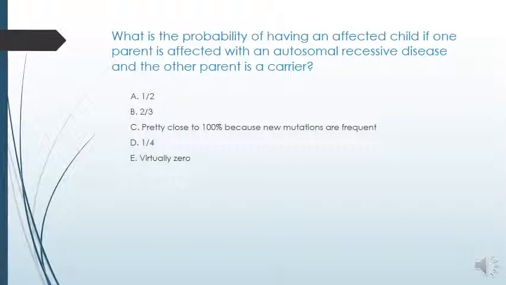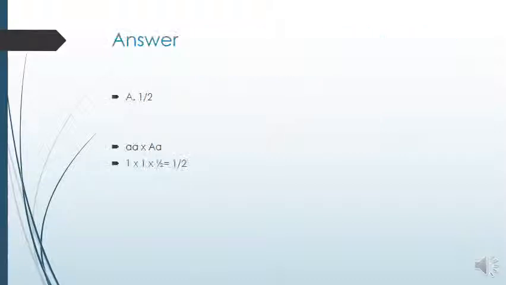What is the probability of having an affected child if one parent is affected with an autosomal recessive disease and the other parent is a carrier? A, 1/2, B, 2/3, C, pretty close to 100% because new mutations are frequent, D, 1/4, E, virtually 0. The answer is A, 1/2.